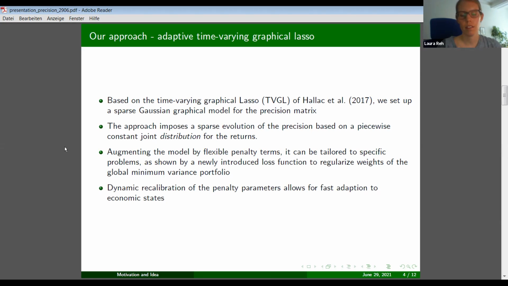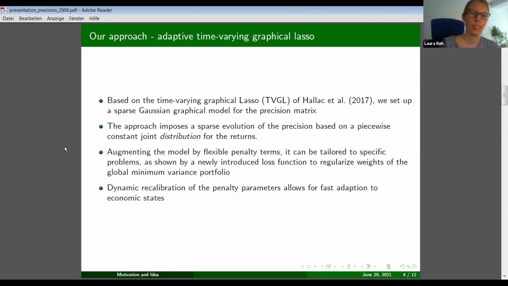But we say the complete joint distribution of the returns is stable for a fixed period of time, and then we have a change point, and then in the next period it's again stable for a specific number of time periods.